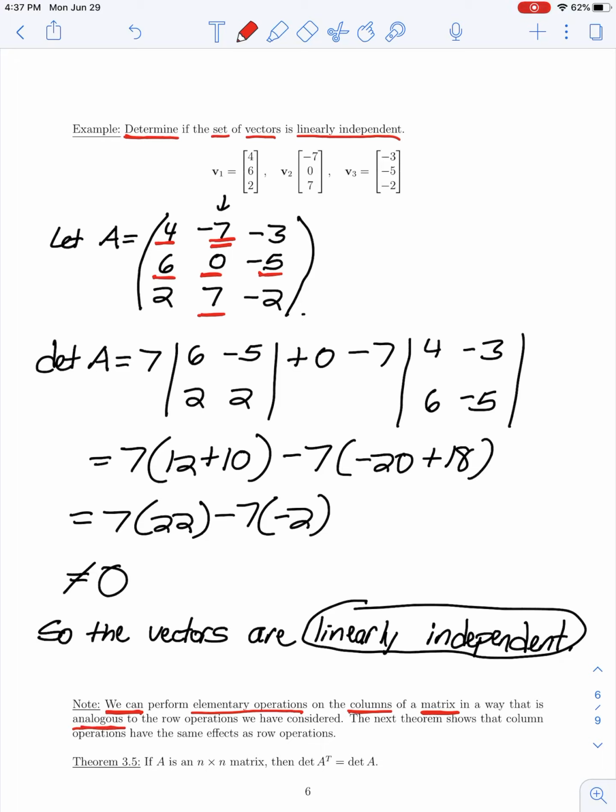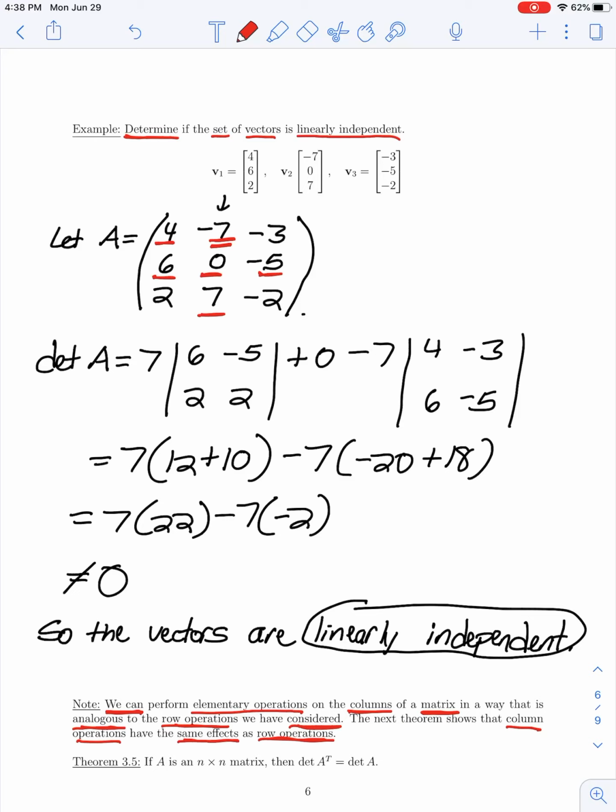We have results which are analogous to the row operations which we've considered from Theorem 3.3. This next theorem in particular will illustrate that column operations have the same effects on the determinant of a matrix as the row operations.